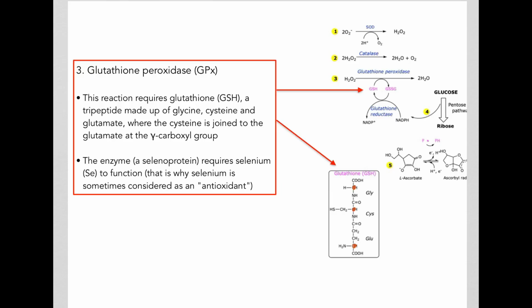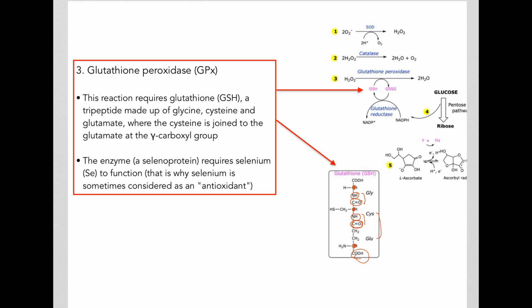So the alpha amine of glycine, you can see, is connected to the carboxyl of cysteine by a normal peptide bond. However, the joining of cysteine and glutamic acid is different. You can see this carboxyl group is not the alpha carboxyl group. The alpha carboxyl group is here. So this is the gamma carboxyl group of glutamic acid that is joined to the alpha amine of cysteine.